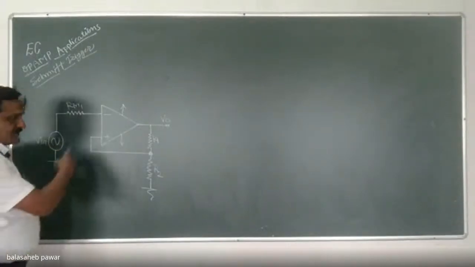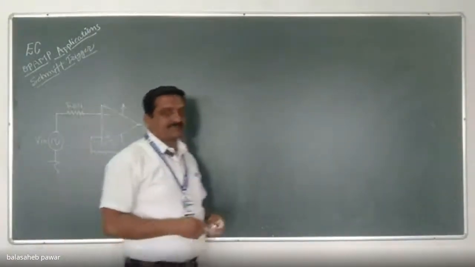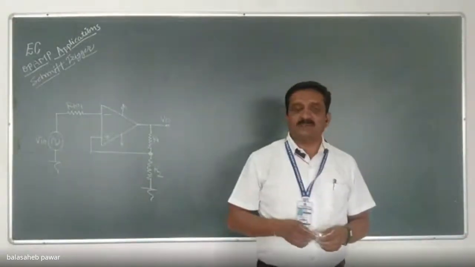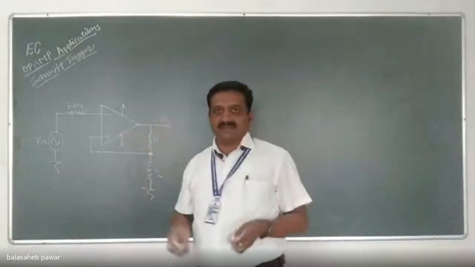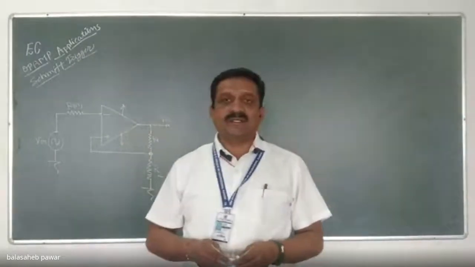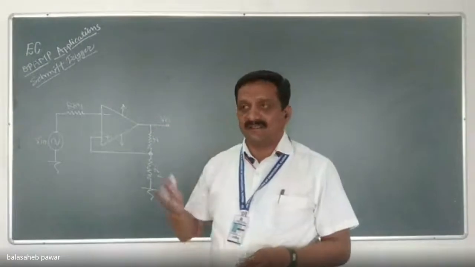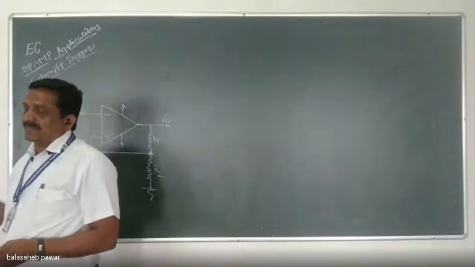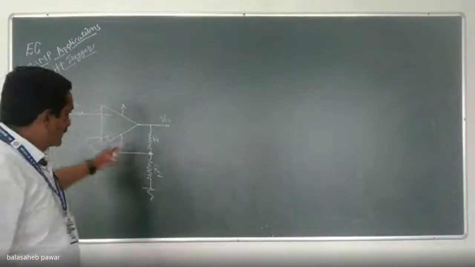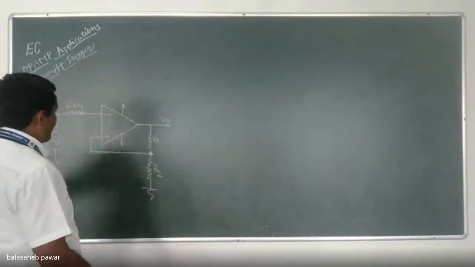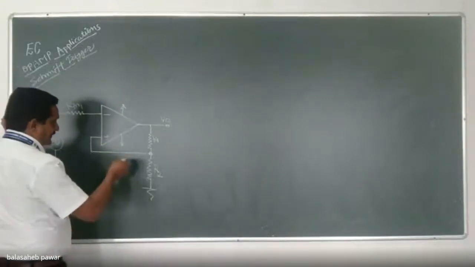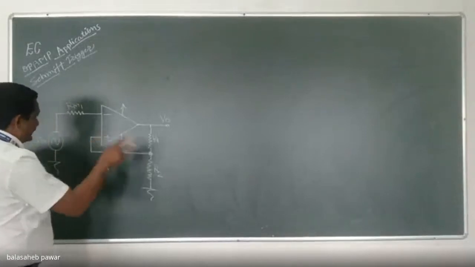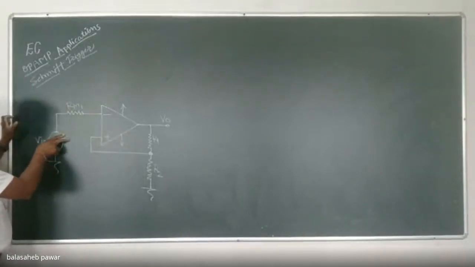As the feedback used is positive feedback, what is the advantage of positive feedback? The advantage of positive feedback is it improves the gain. The voltage gain of that circuitry gets increased. Already that op-amp offers very high gain. So due to the use of positive feedback, again that gain will get improved. That means it will be very, very high, and hence that small node voltage applied to the non-inverting terminal, we are considering that input is at zero potential.